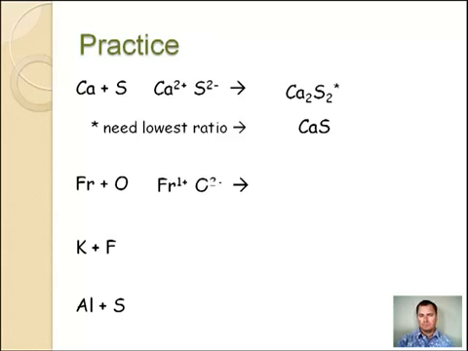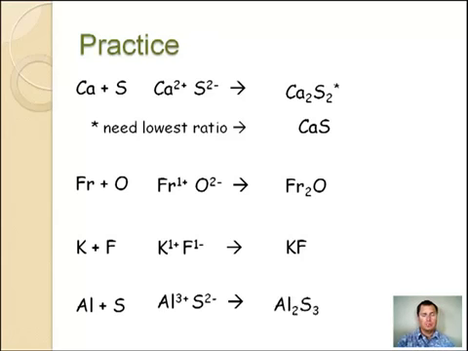How about the next one? Fr is +1, O is -2, crisscross, Fr2O. Next one. K is +1, F is -1, we get KF. Okay, remember, we don't have to write the number 1 if it's there. Okay, last one you should have got because it was our example of that aluminum salt from previously.